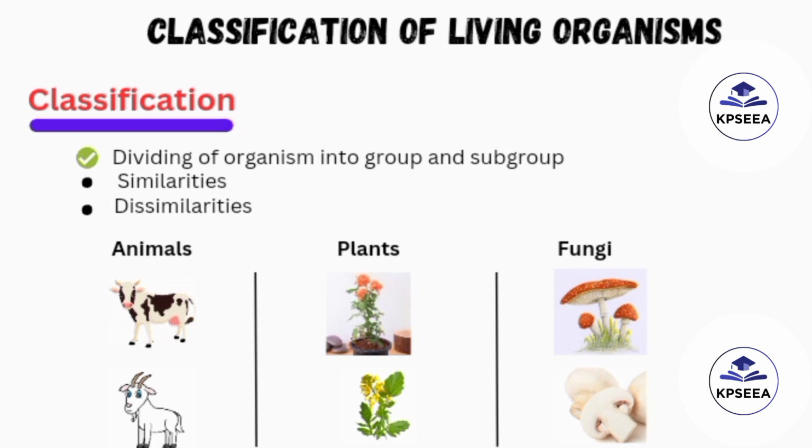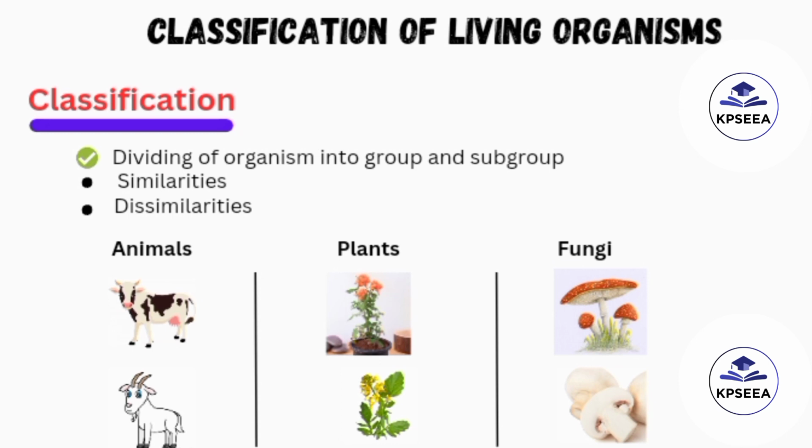In this slide, 6 different types of organisms are given. You know that the cow and the goat are similar, that's why they are placed in kingdom Animalia, they are animals. Similarly, rose and mustard are similar, that's why they are placed in kingdom Plantae.